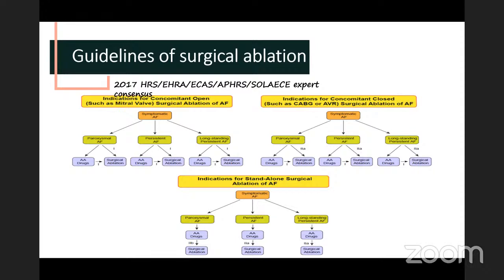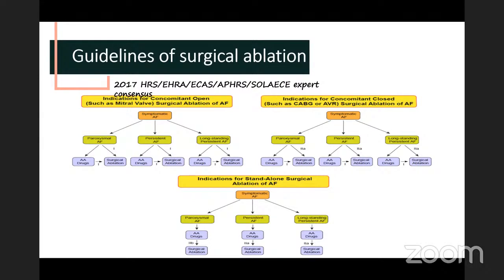In case of symptomatic atrial fibrillation, either paroxysmal, persistent or long-standing, it's class 1 to do a concomitant Maze procedure in those patients, as well as antiarrhythmic drugs.